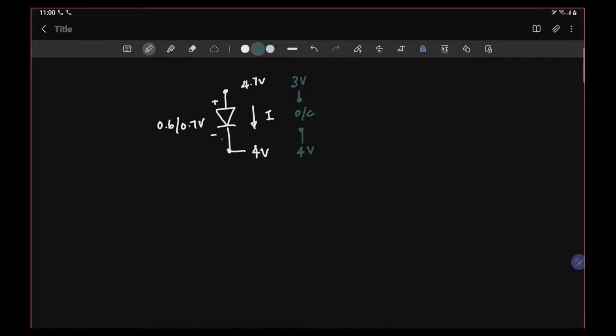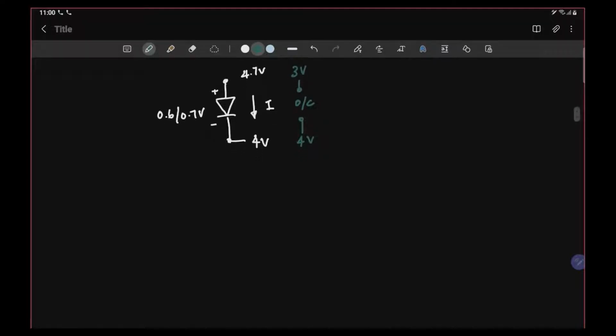Okay, so back to our circuits. I'm just going to look at one branch of the one that you're given. So you're given a diode like that, and then a resistor, and then a 12 volt voltage, 1K resistor, and here you're going to apply either 0 volts or 5 volts.